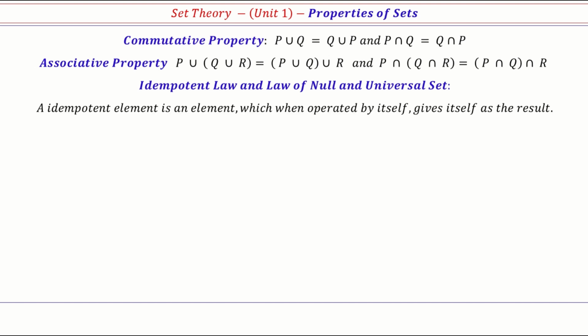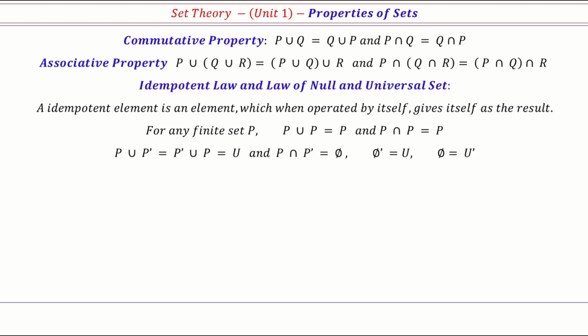So idempotent is like I, basically in your addition you have the identity number. Similar to that, an idempotent element is an element which when operated by itself gives itself as a result. So P union P is P, P intersection P is P. So this is called idempotent. Now this is the law of null and universal set I'm talking about.